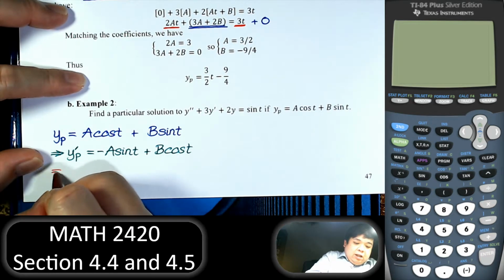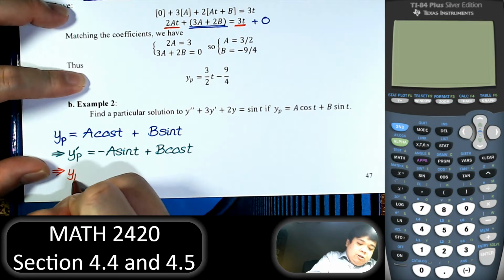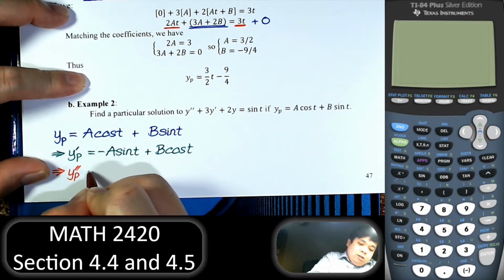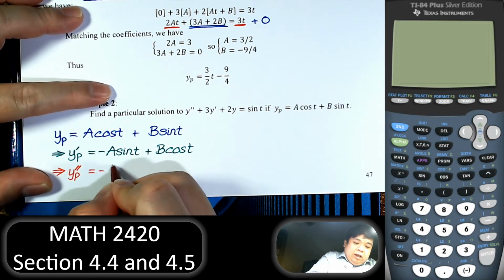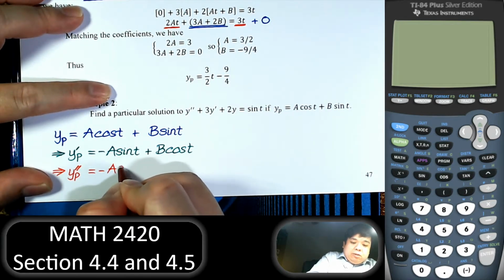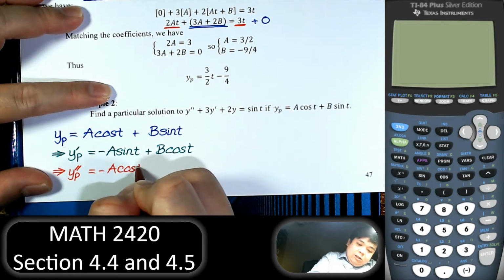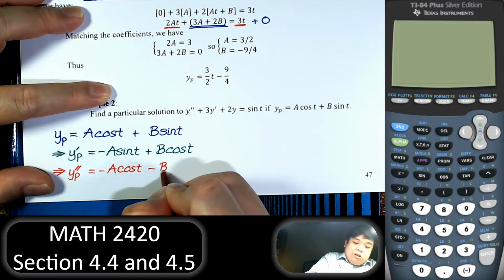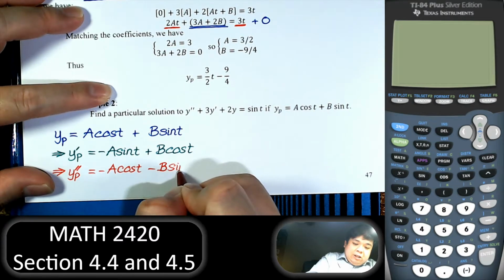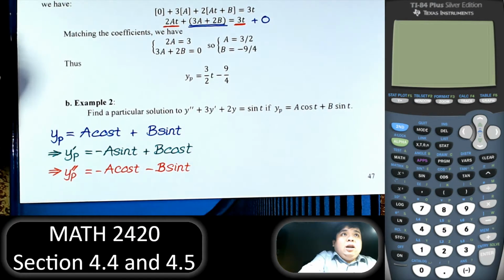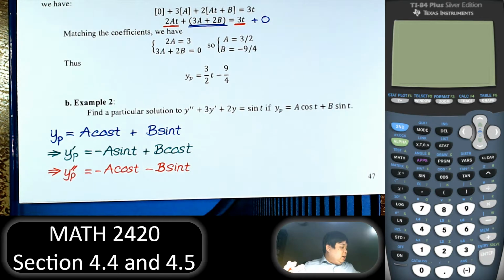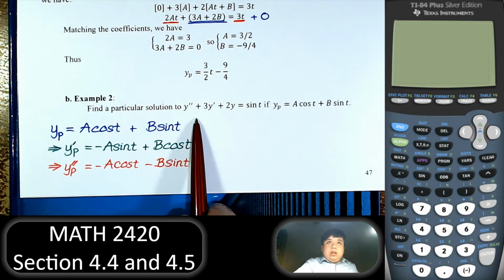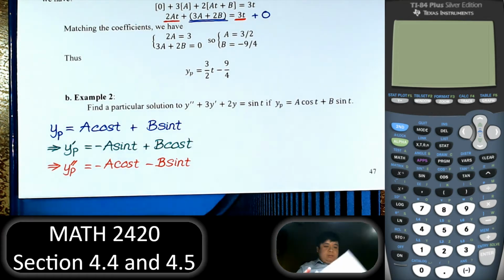Now we take the second derivative. It will be negative a cosine t, and the derivative of b cosine t is negative b sine t. So that's what we have: the function, the derivative, the second derivative, and now we substitute into the original equation.